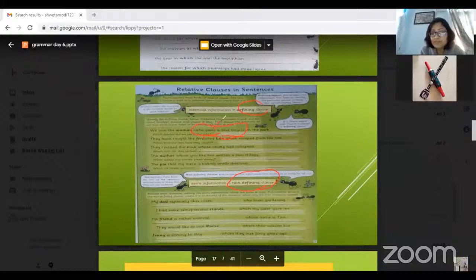But if I say my dad especially likes roses, who loves gardening, even if you don't mention that he loves gardening, it will not have any impact on this sentence. That's just additional information, not essential information. So if it is essential information, we call it a defining clause. And if it is extra information, then it is called a non-defining clause.